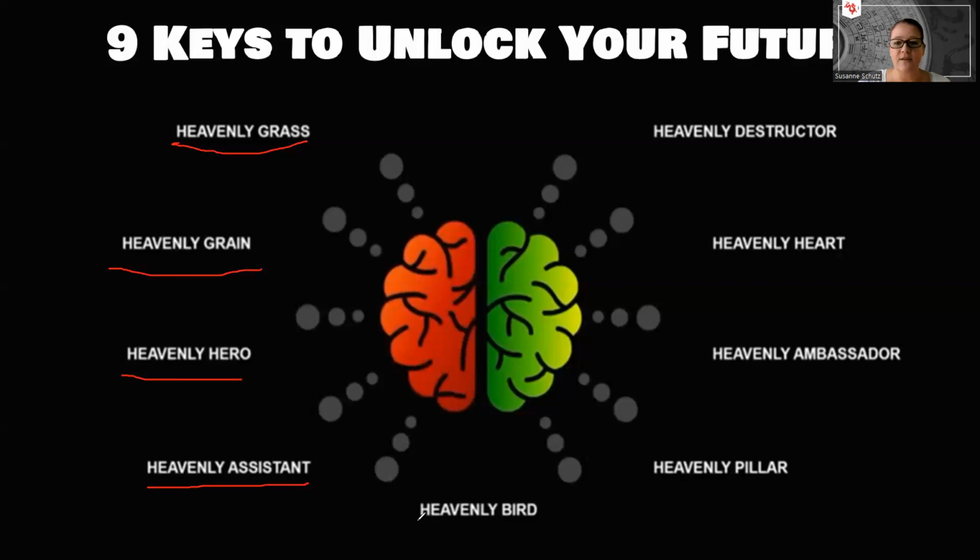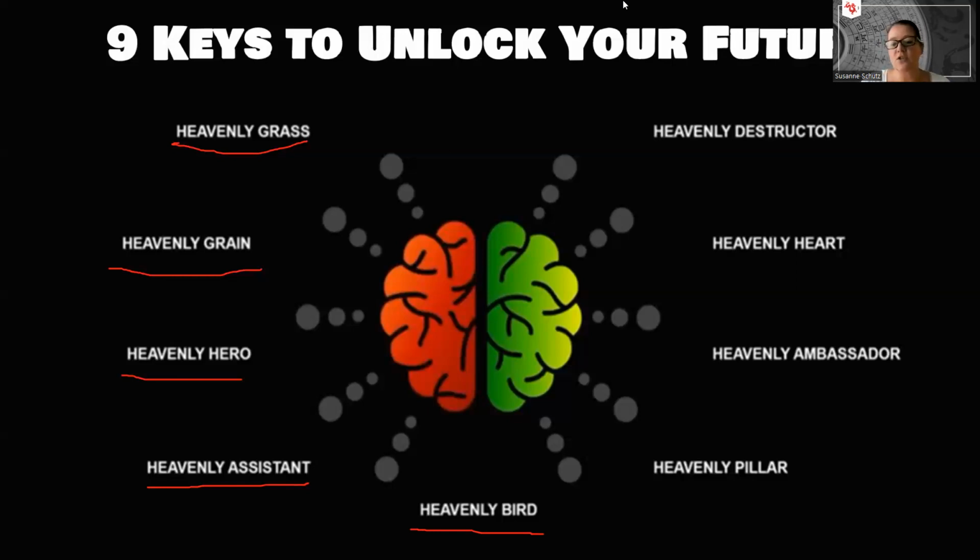Now, then we've got the heavenly bird. The heavenly bird usually comes with the heavenly grain. So the heavenly grain people actually have two ways of finding fulfillment in life. The heavenly bird is hidden behind the heavenly grain, and so for them, again, it's about learning. Heavenly bird is also very much about learning, but they are social.